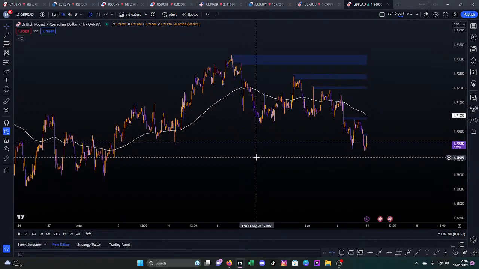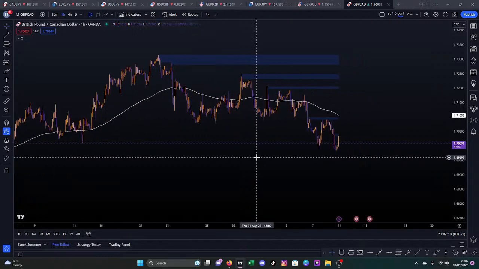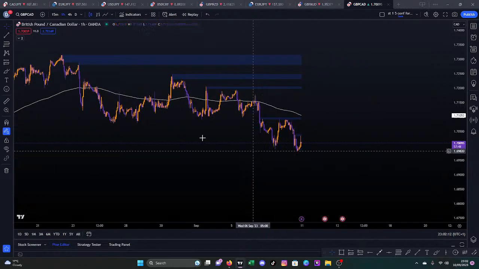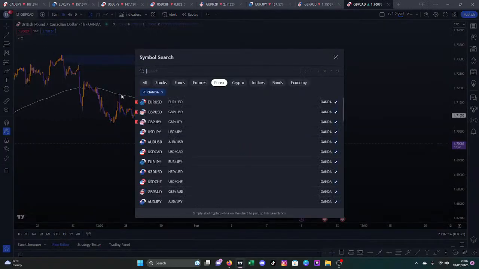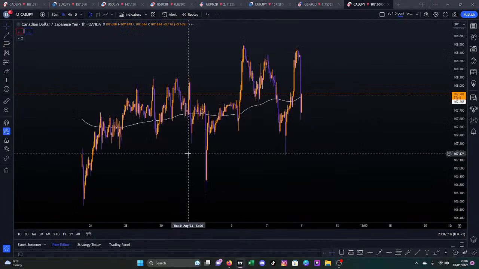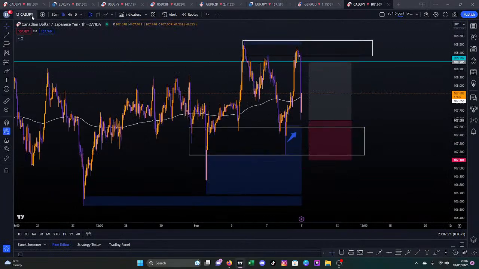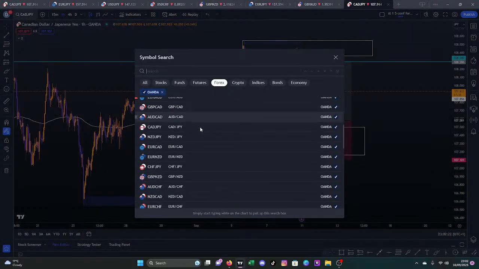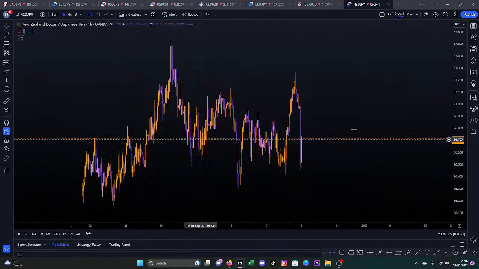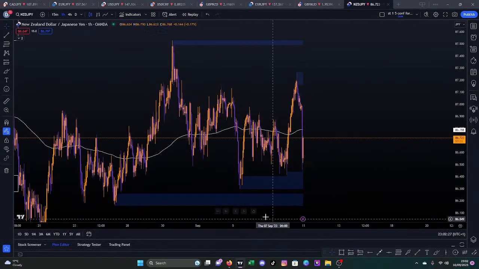And I don't like the look of that as well for GBP CAD. CAD JPY we already have on, we're looking at that. NZD JPY.